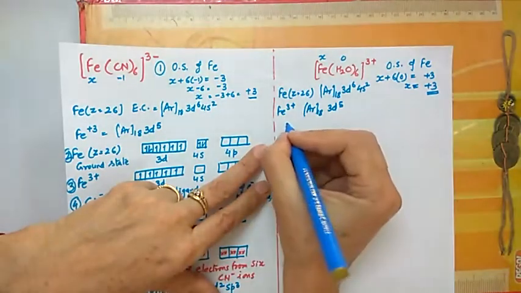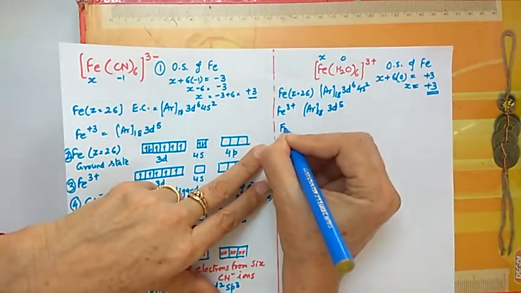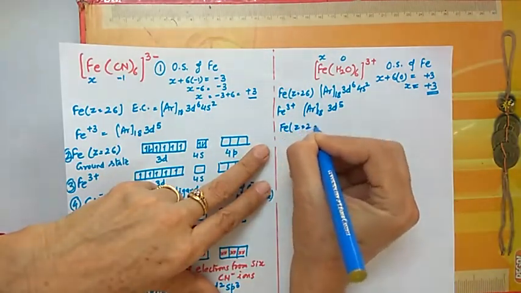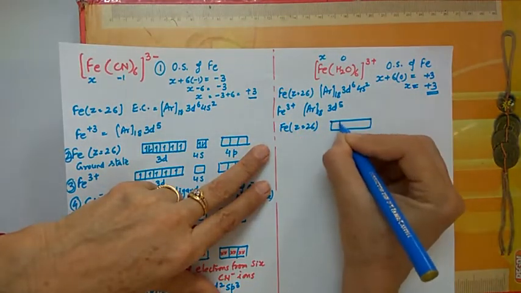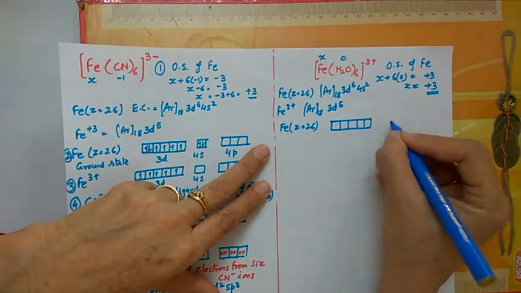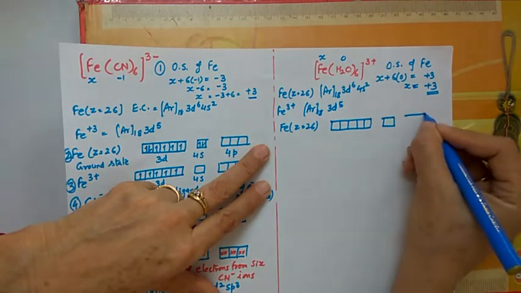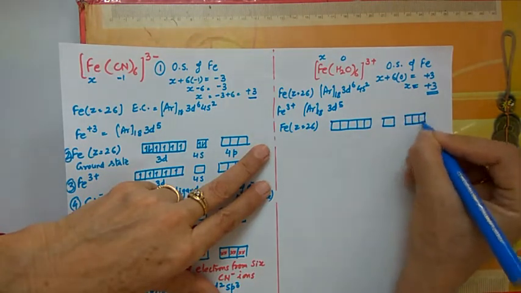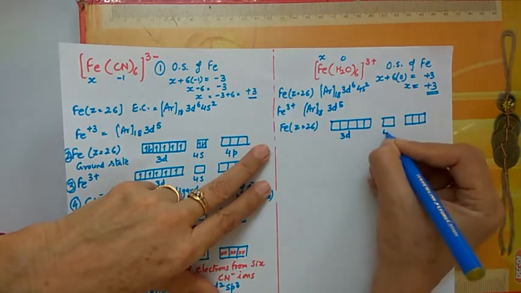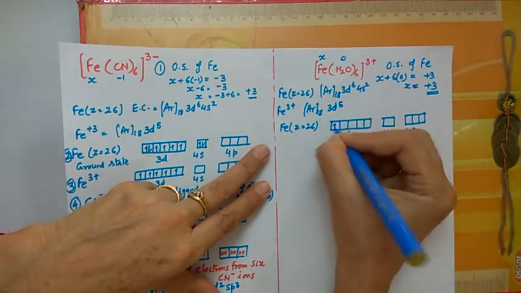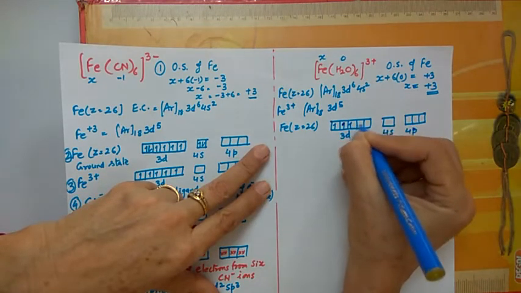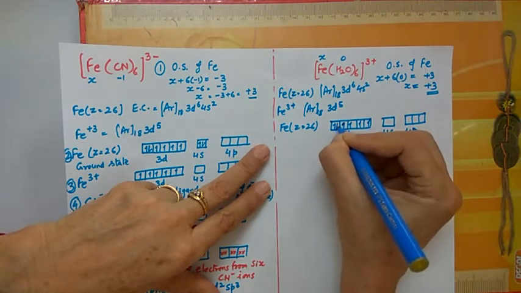So Fe in ground state, Z equal to 26. So there will be the configuration: 3d, this is 4s, 4p. Clear? 1, 2, 3, 4, 5 and 6.